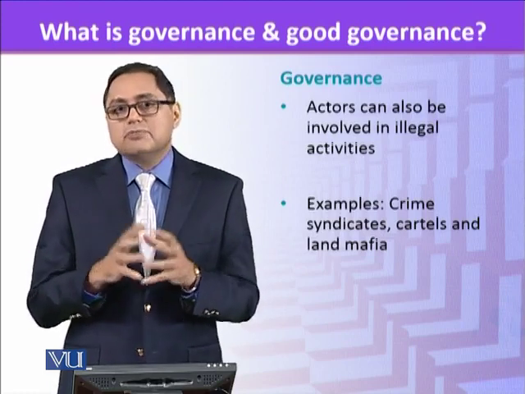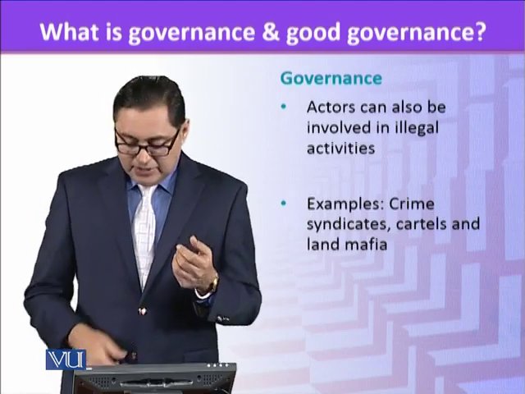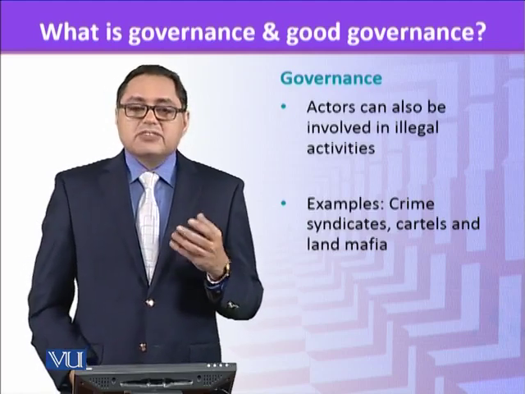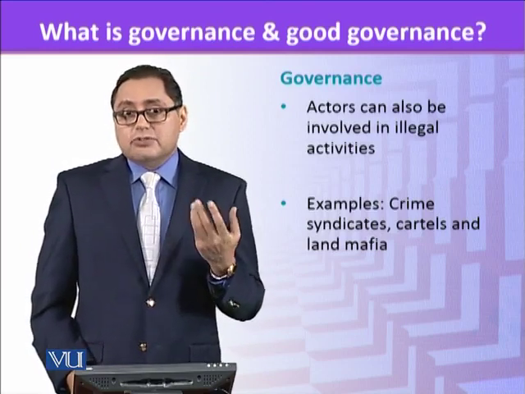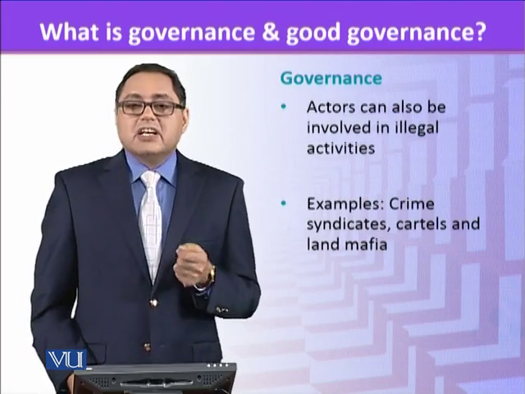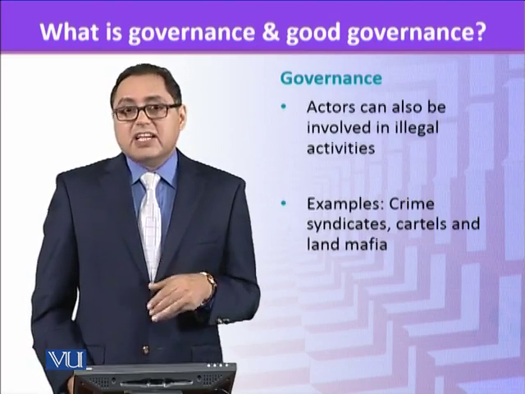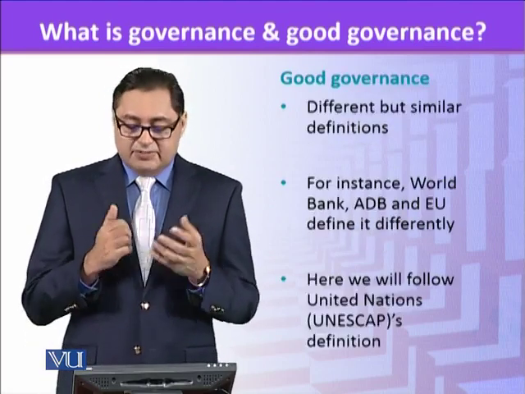They also impact the policy making process. Even the land mafia also affects it. So governance is not only formal actors or actors who are involved in legal activities. It also includes informal actors and people or groups who are involved in illegal activities.